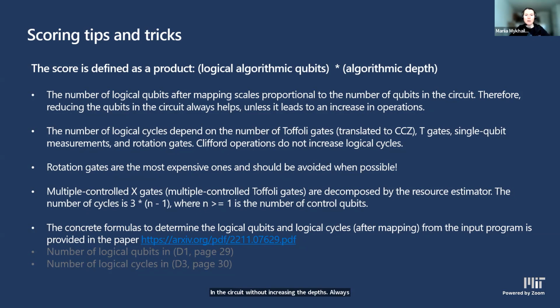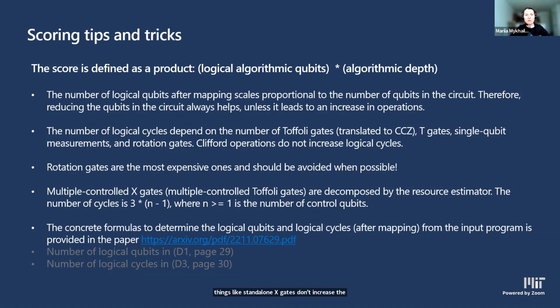Second, the algorithmic depth depends on Toffoli gates, so multi-controlled X gates, T gates, measurements, which we don't actually do, so measurements are not relevant, and rotation gates. Things like standalone X gates don't increase the depth of the circuit.